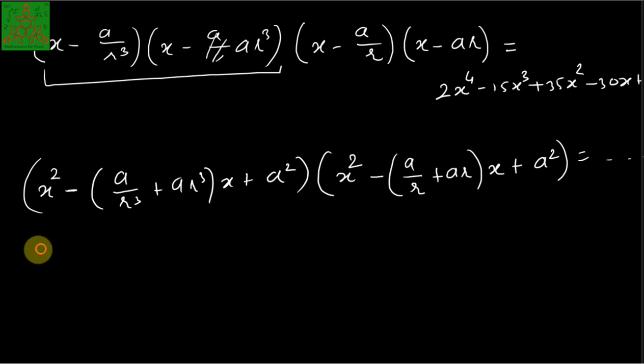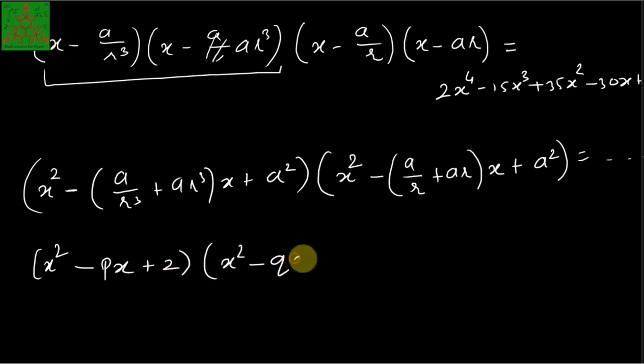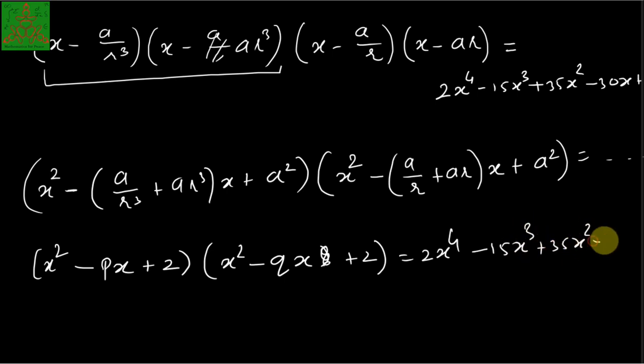So therefore this is x square, and if I call this value p, then it is px plus 2, and x square minus qx, if I call this qx, then plus 2, equal to this equation, that is 2x power 4 minus 15x cube plus 35x square minus 30x plus 8.